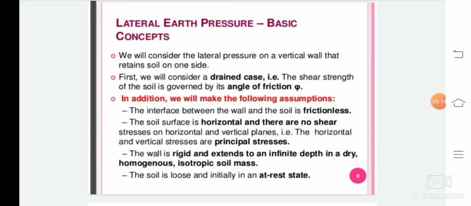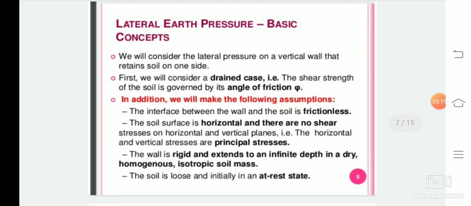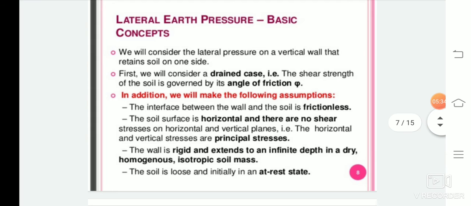First of all, for finding out the theory of earth pressure, we will consider the drained case. What is the drained case? In the drained case, the shear strength of the soil is mainly governed by its angle of internal friction. These cases, drained and undrained, you have already studied in soil mechanics 1 in the triaxial test.